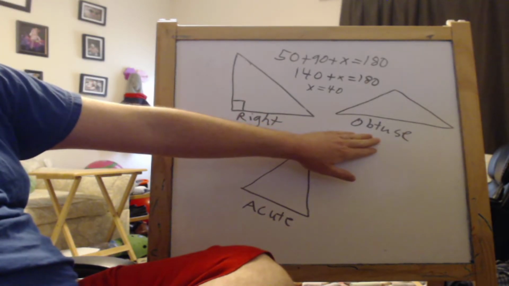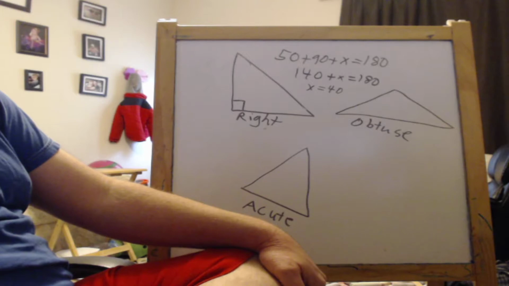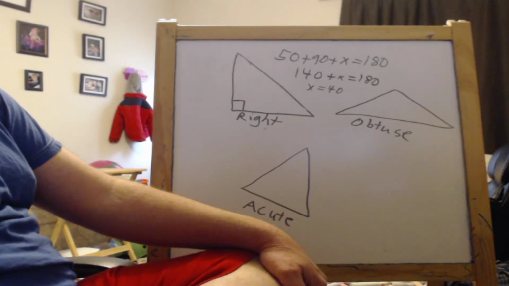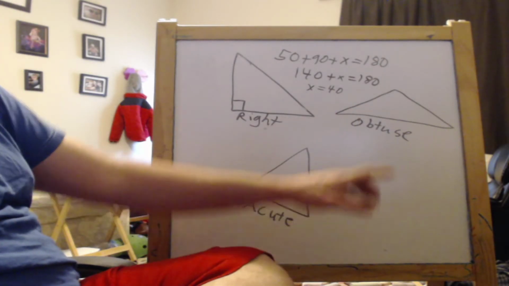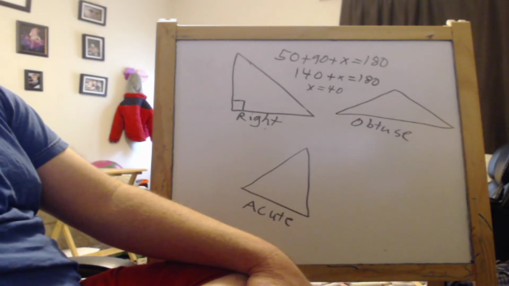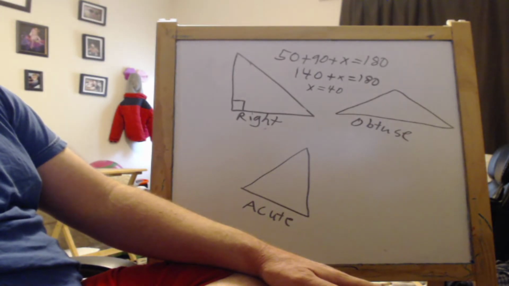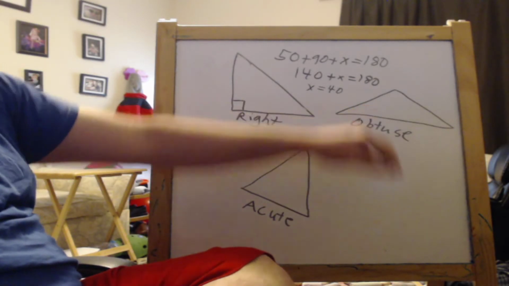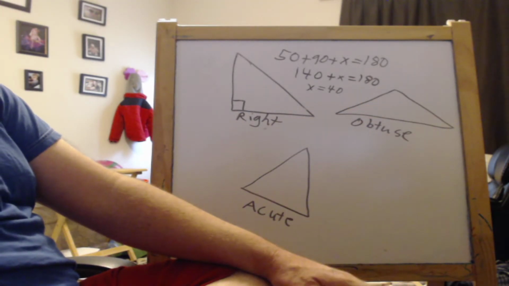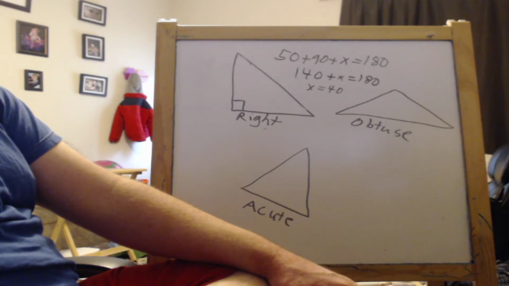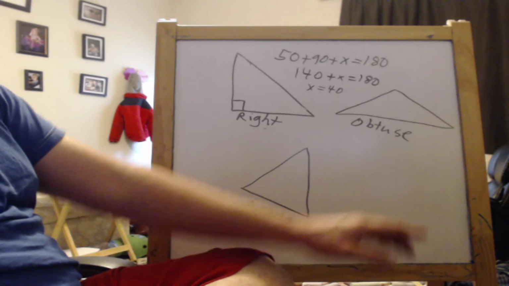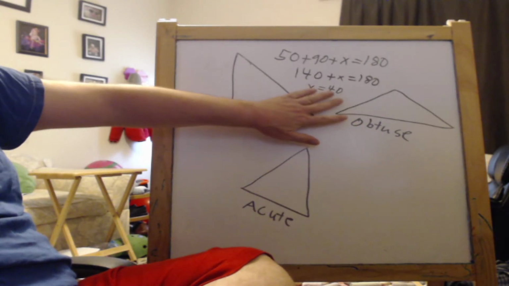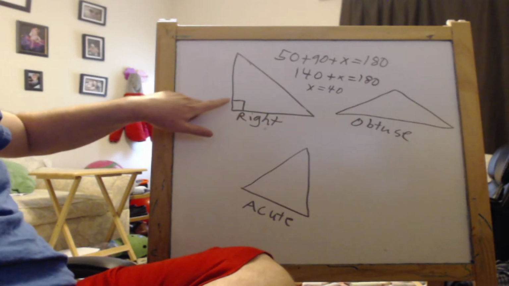Now an obtuse triangle has one obtuse angle. Now an obtuse angle is an angle that is greater than 90 degrees. So it's probably best not to try to estimate angles just by looking at them, because it's not proper form. Like if you need to measure an angle, you can use a protractor. But in this case, it's pretty clear that these two angles, okay, are less than this.